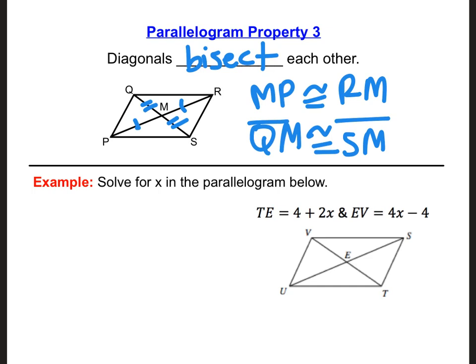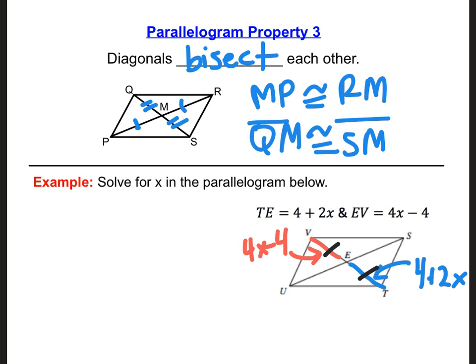Again, you can set either side equal to each other. So for my picture, they tell me that TE is, this one's 4 plus 2x. And they tell me that EV, we'll maybe make that one red, is 4x minus 4. Again, these two bisect each other, so I know that they're congruent to each other.